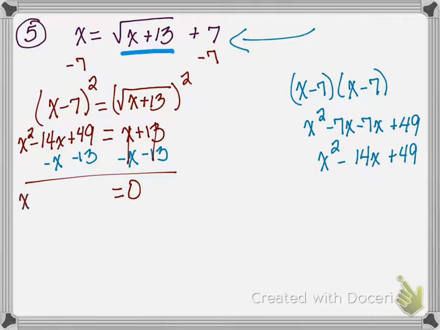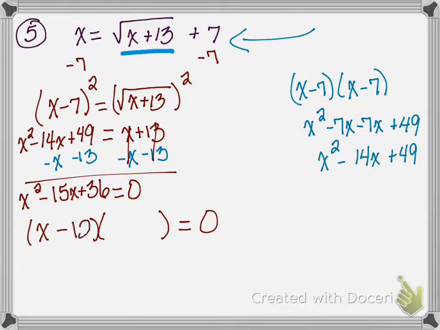On the left-hand side, I get x squared minus 15x plus 36, and that can be factored very nicely. It factors to x minus 12 and x minus 3, because negative 12 times negative 3 gives me positive 36, and negative 12 plus negative 3 gives me negative 15.